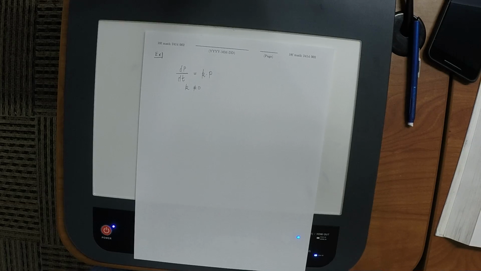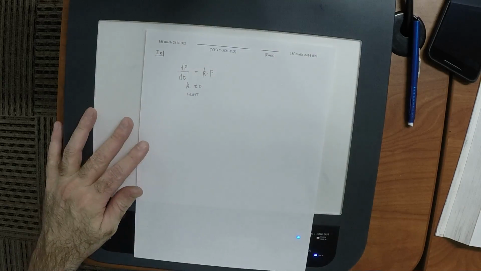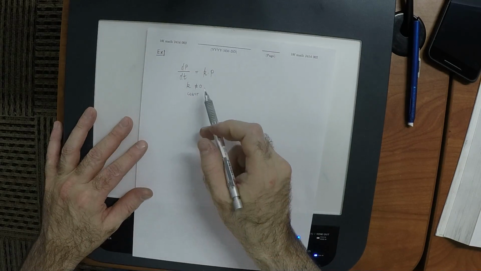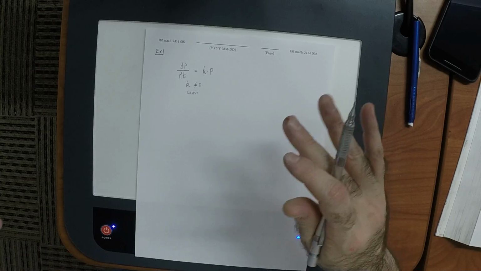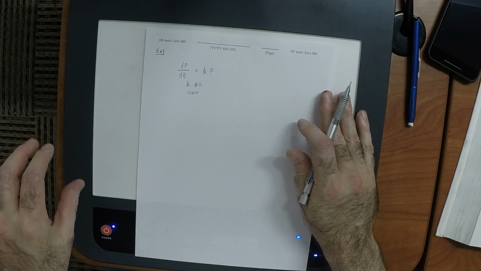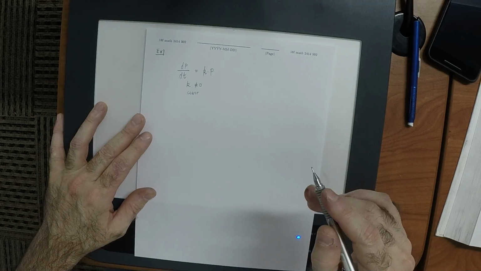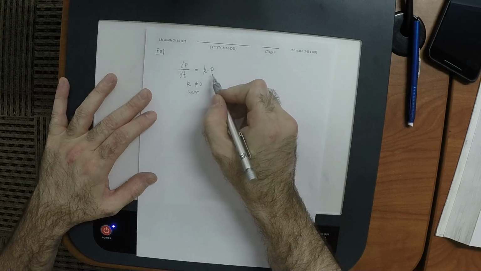Because there's 3 variables. But k is a constant. Yeah. It is. So in the end, the question is can you arrange matters so that you can get all the p stuff on one side and all the t stuff on the other side? So can it be arranged? The answer is yes.